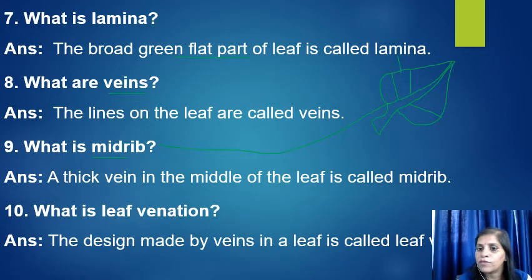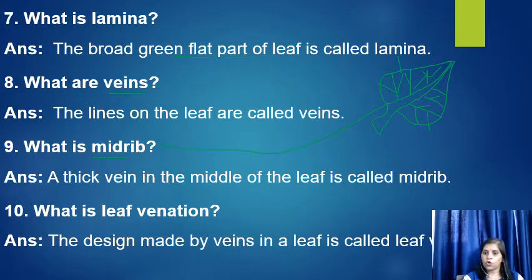You would have seen this in leaves. These lines are known as your veins. Clear everyone? I think now the structure of the leaf is clear to all of you. All the veins are coming out on the surface of the lamina.